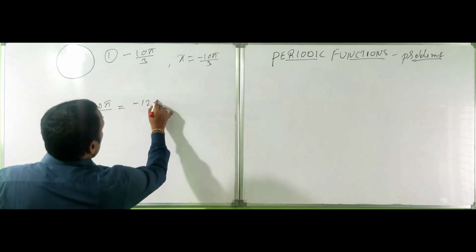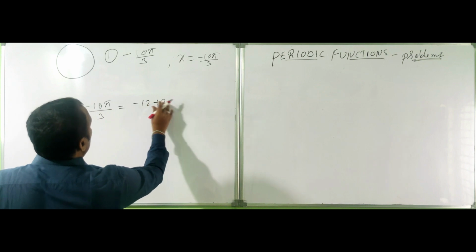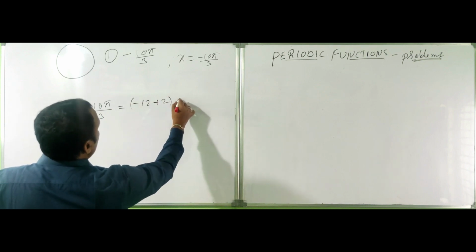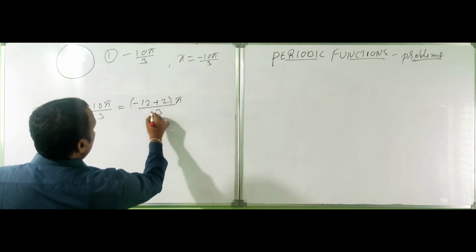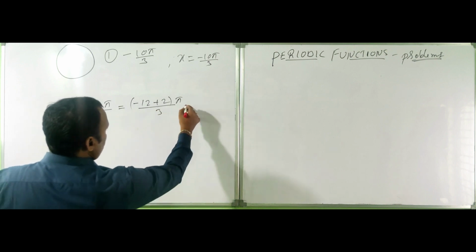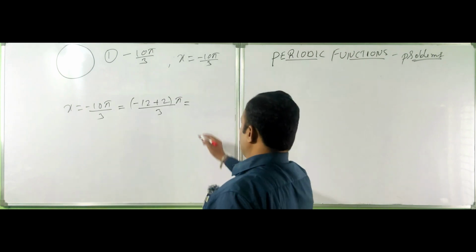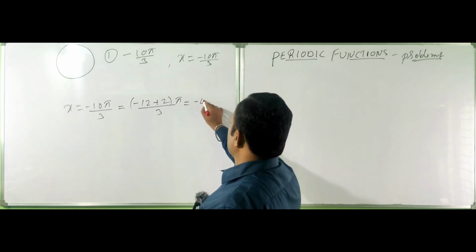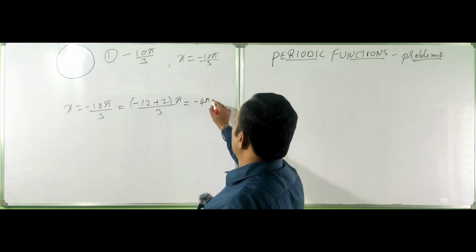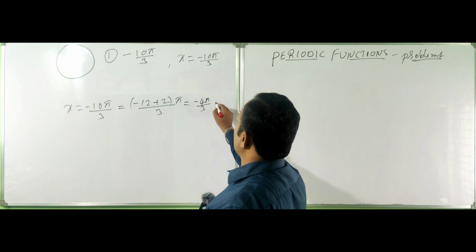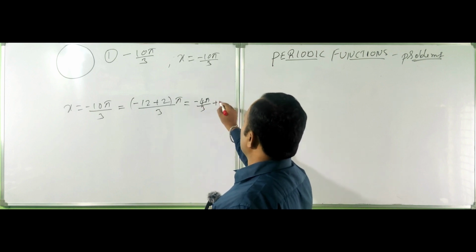Writing this as minus 12 plus 2 into pi divided by 3, it becomes minus 4 pi plus 2 pi by 3.